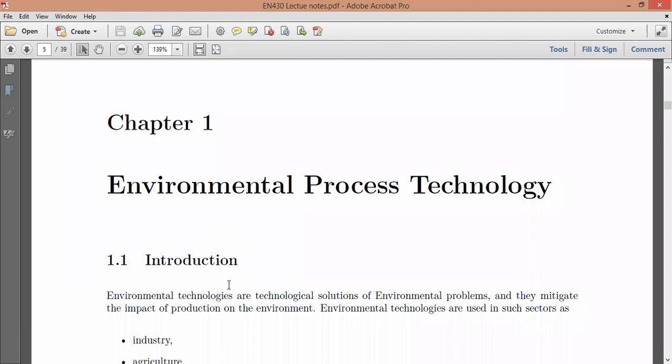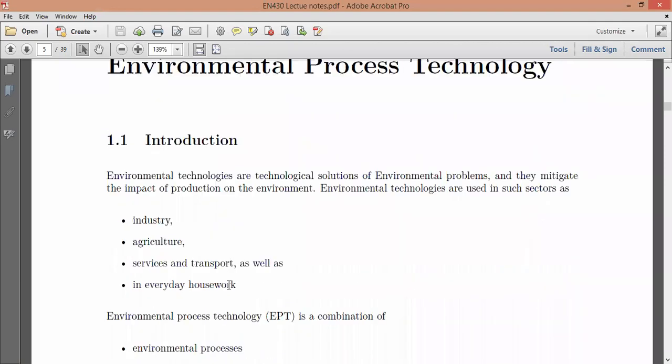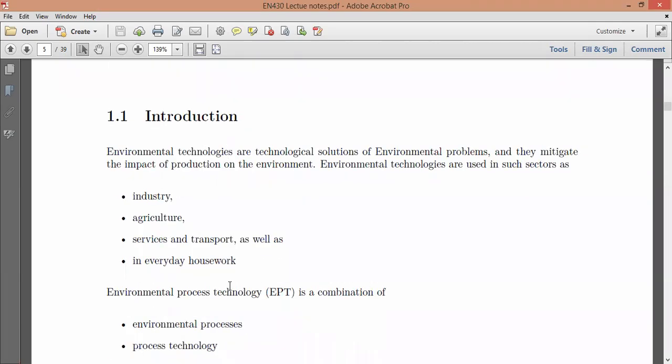So when it comes to environmental process technology, an introduction, what are we looking at? These are environmental technologies, technological solutions to environmental problems, and they mitigate the impact of production on the environment. Environmental technologies are used in sectors such as industry, agriculture, services, and transport, and in everyday housework.